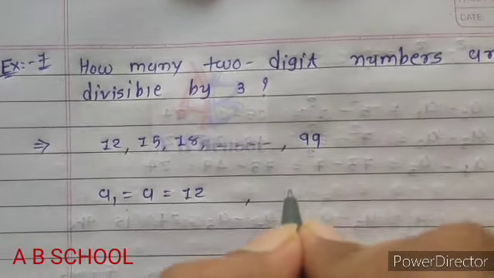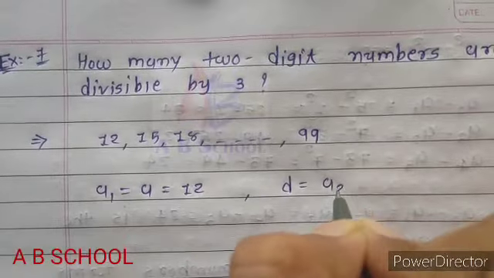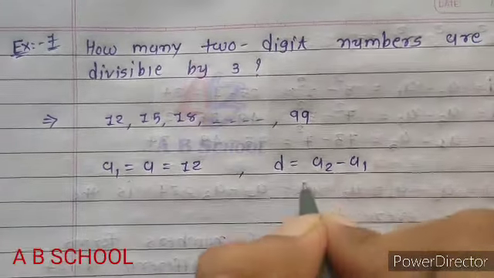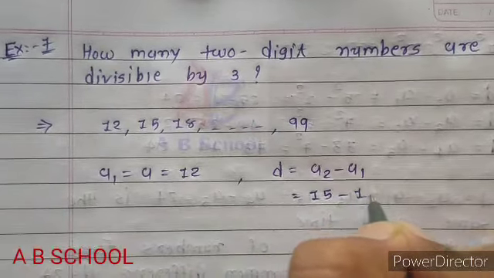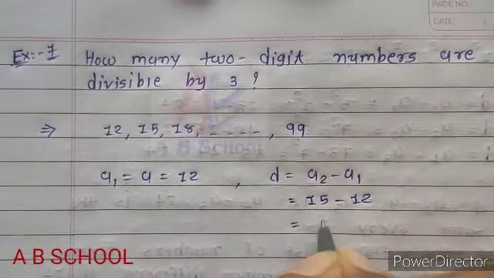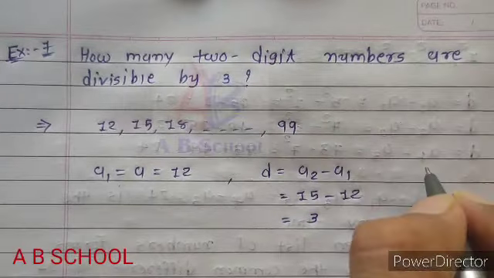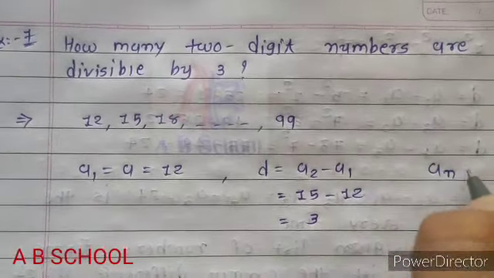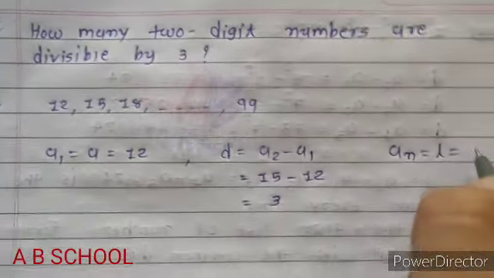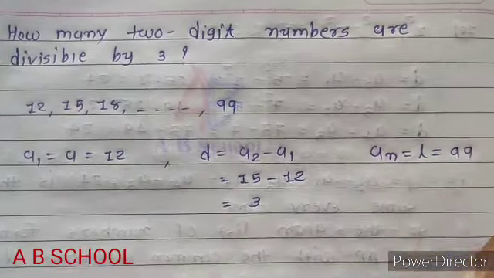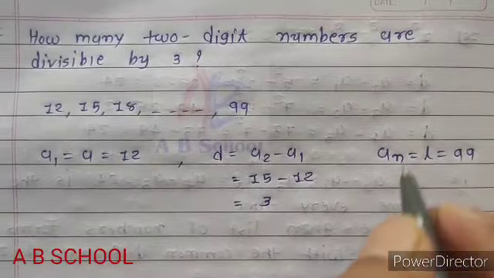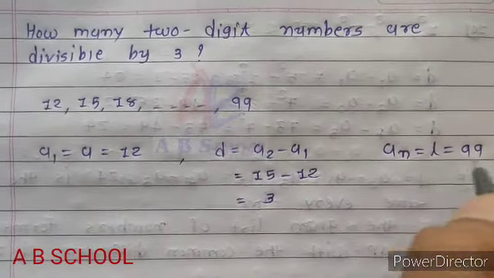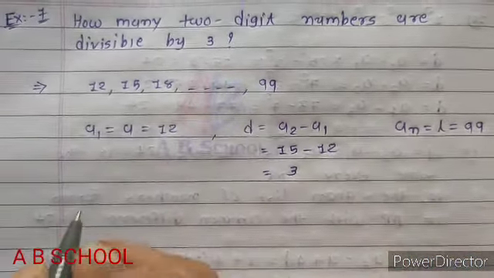Common difference d is equal to a2 minus a1, which is 15 minus 12, so d is equal to 3. The last term is denoted by an or l. So an is equal to l is equal to 99.